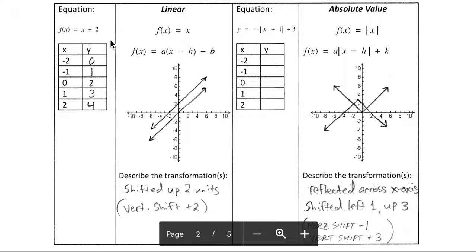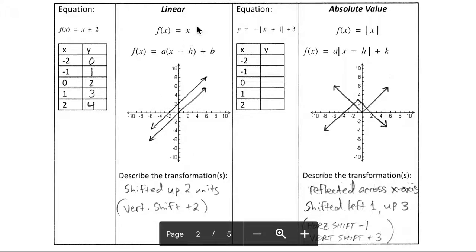But as it turns out, those are actual transformations that apply to other functions similarly, but slightly different. It just depends on the function. So if I have a parent function of a linear function, just y equals x, or f of x equals x, I know that that has a y-intercept of 0 and a slope of 1. So we can sketch that in there.